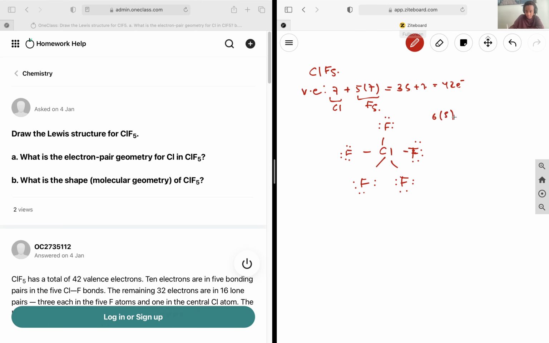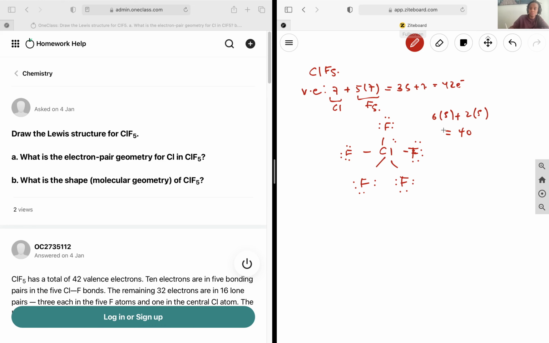And so we have 6 by 5 plus 2 by 5. And that is going to give us 40 electrons. And so we have 2 left over, and it would be best to place those on our chlorine.